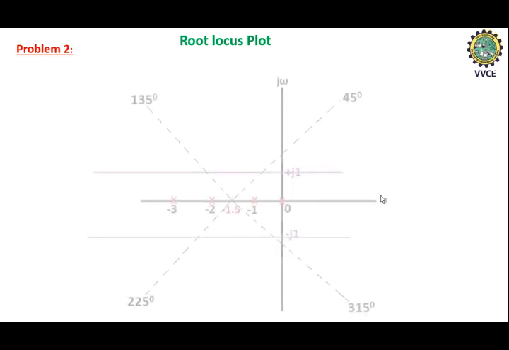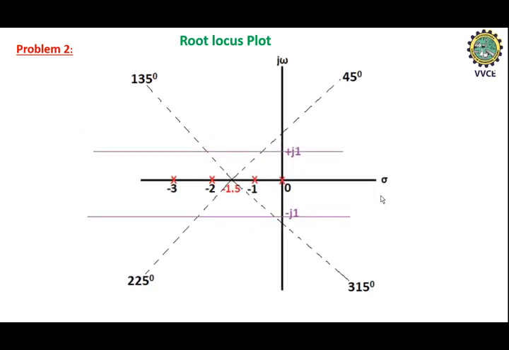So we can directly draw the root locus plot. All the poles are already located in the first step itself, and the centroid is minus 1.5, and the angles are also identified, that is 45 degrees, 135 degrees, 225 degrees, 315 degrees. These are just the directions. And from the intersection point on the imaginary axis we obtained plus or minus j, because the root locus is symmetric about the real axis.